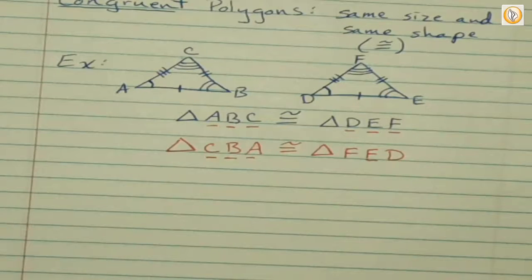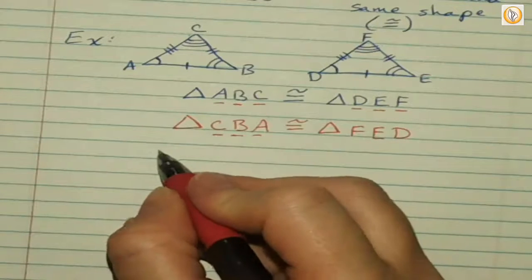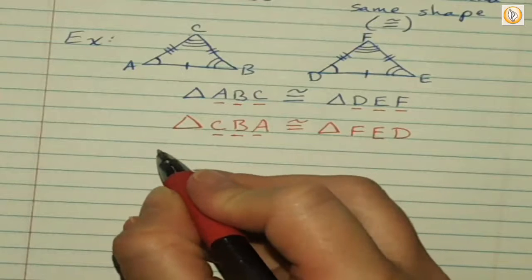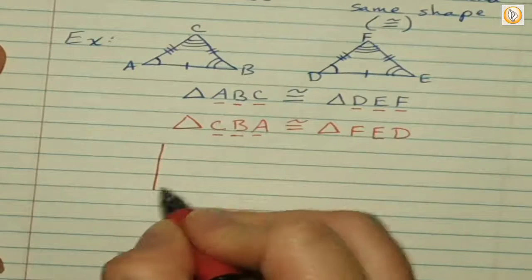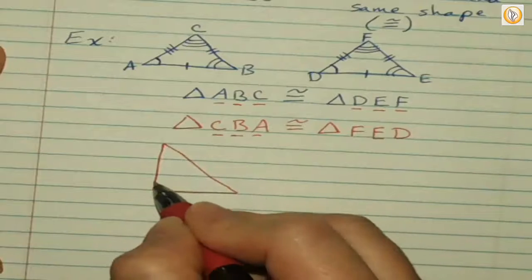Okay. So for example, Taylor said, what if we had a right triangle?